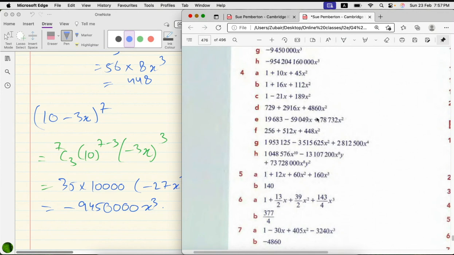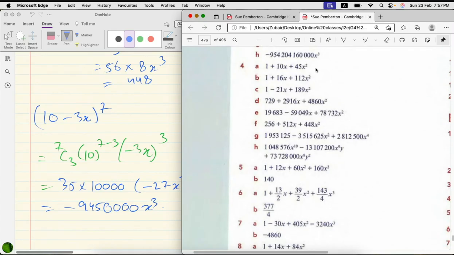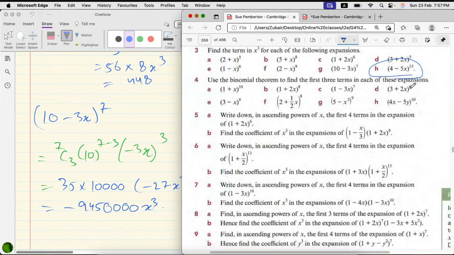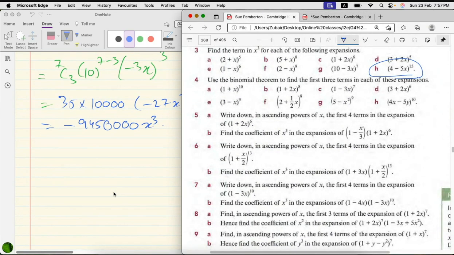The H part on the top. Coefficient of x cube, this one at the top. That's not what I'm getting. I'm getting y, not x. Maybe I copied down the wrong thing. This was the question: 4 minus 5x raised to power 15. Oh, I was doing the 4 on the bottom.